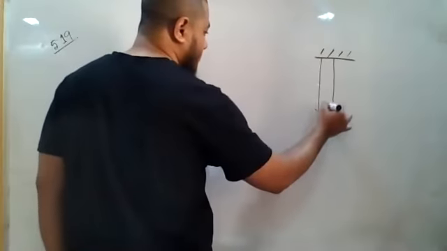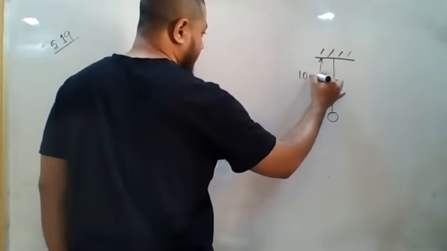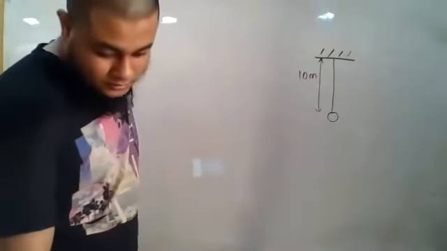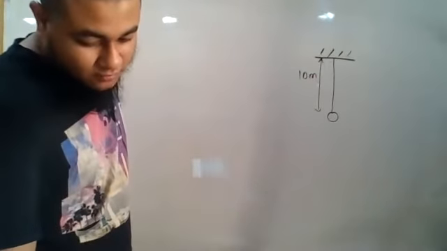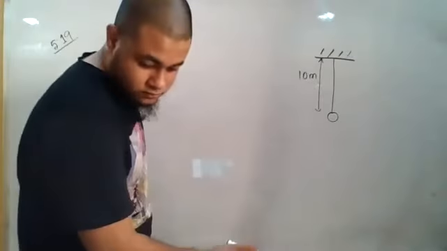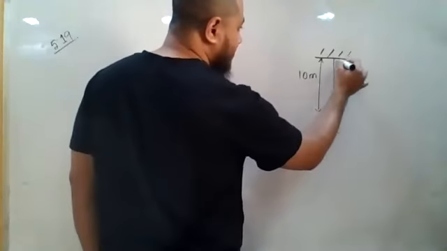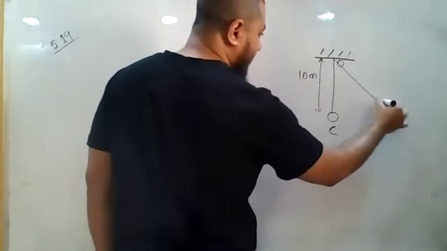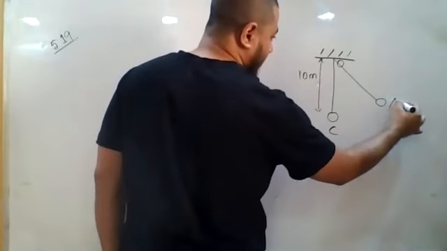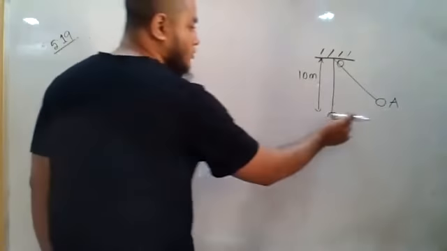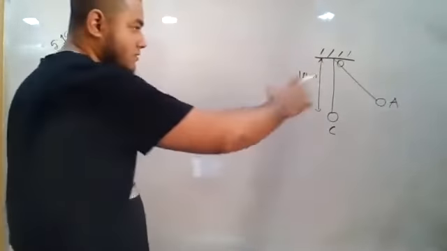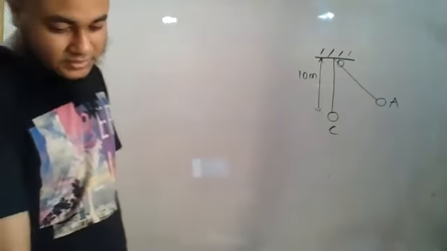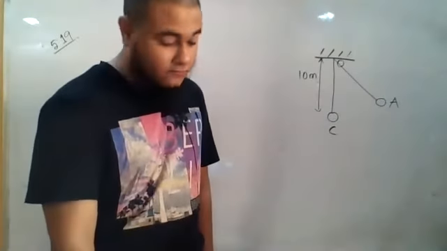So this is 10 meters. And the object is allowed to swing freely from the point O. This is the point C, this is the point O, and I have taken it to a point A. Okay, I took it here, and from there I left it. So it is swinging under the influence of gravity.